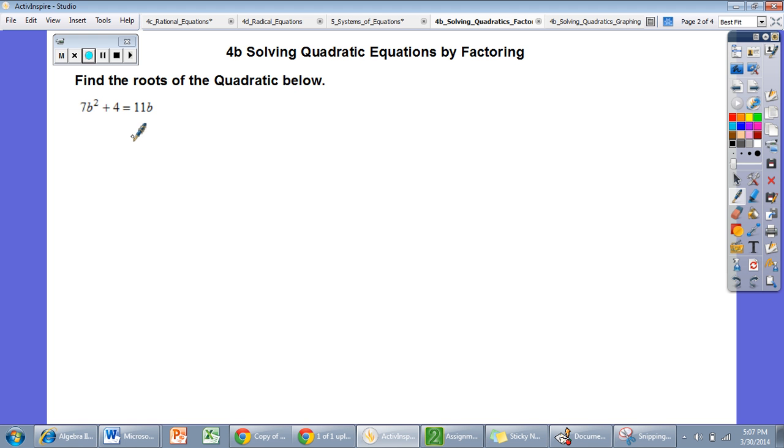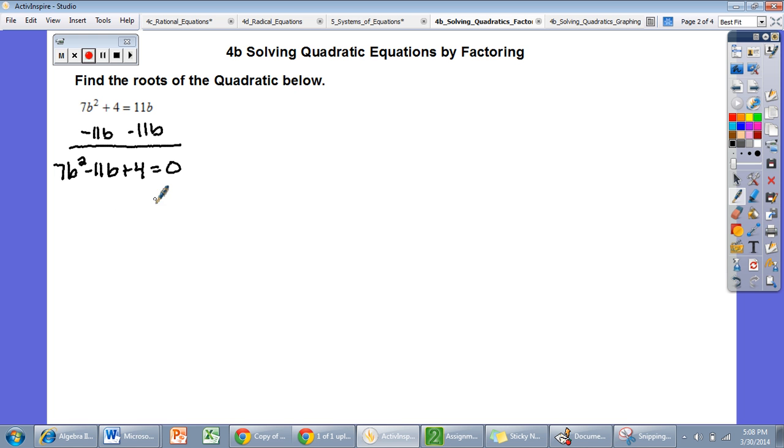So what I'm going to do here is subtract this 11b from both sides. Now I want to make sure that I'm being careful with my like terms. I know that I don't have any plain b terms over here. So my equation is 7b squared minus 11b plus 4 is equal to 0.